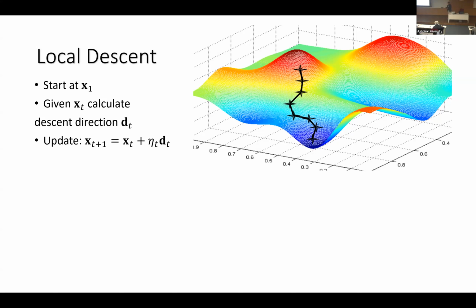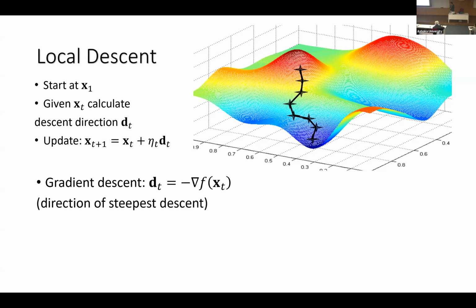So you move in that direction by some scale called eta t. That is the local descent algorithm. In the case of gradient descent, we always choose dt as the direction of steepest descent. One thing to emphasize here is that the direction of steepest descent at xt is not necessarily the best direction overall.